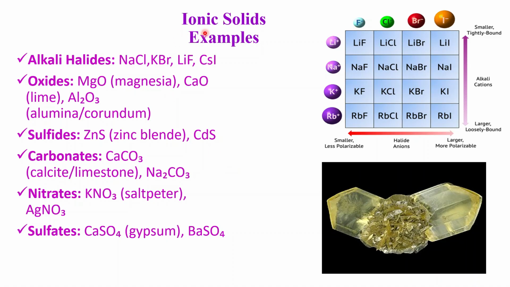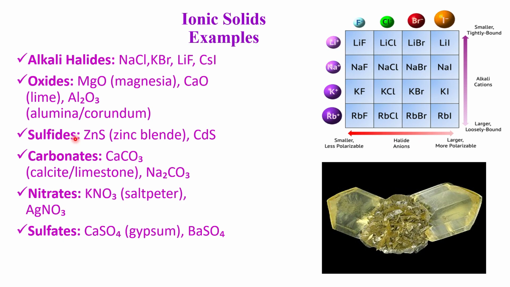These examples illustrate how common ionic bonding is in nature and technology. Alkali halides such as NaCl are textbook ionic crystals. Oxides like MgO and Al2O3 are extremely important in ceramics and electronics due to their high melting points and chemical stability.